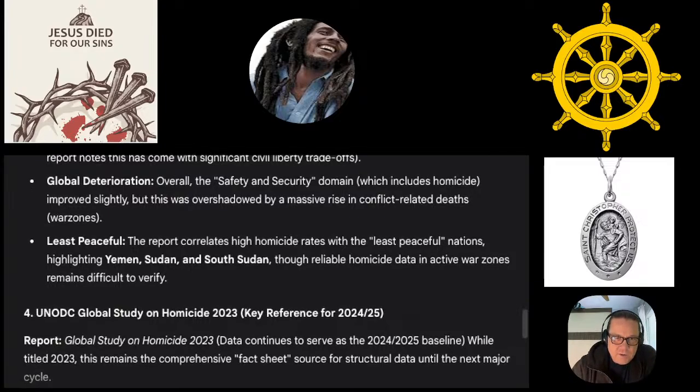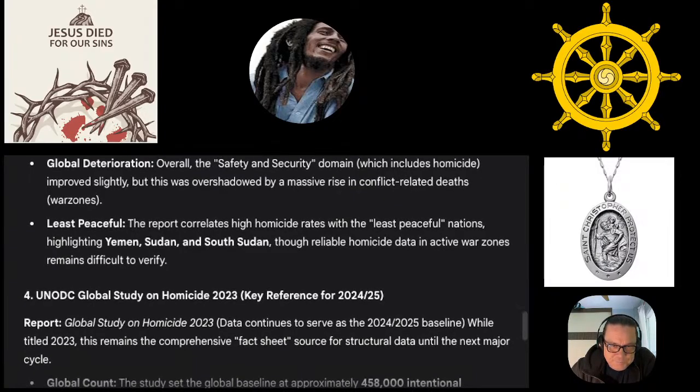And then we go down to the UNODC Global Study on Homicide 2023, a key reference for 2024 and 2025. The data continues to serve as the 2024-2025 baseline while titled 2023.